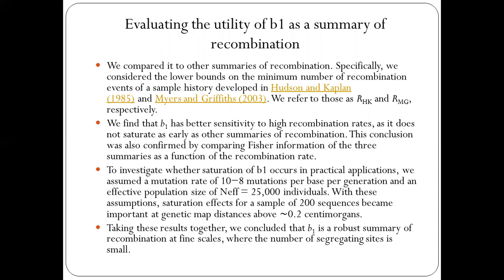With these assumptions, saturation effects for a sample of 200 sequences became important at genetic map distances above 0.2 centimorgans. Taking results together, we concluded that B1 is a robust summary of recombination at fine scales, where the number of segregating sites is small.